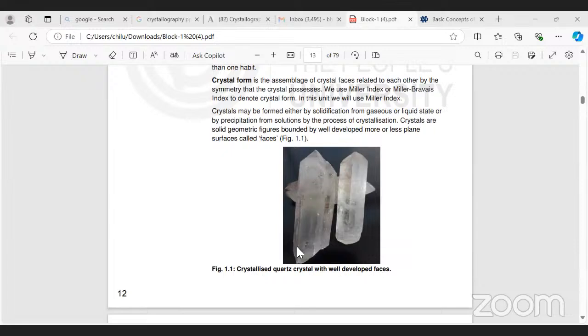So this is the plane area. The surface has a plane, maybe a low plane or more plane area. The surface is known as the face. What I'm showing here is a quartz crystal. These two are quartz crystals.